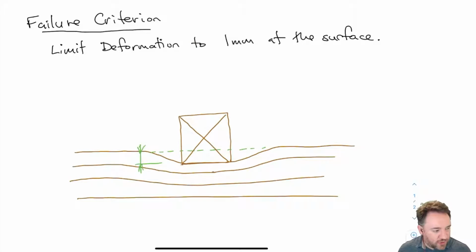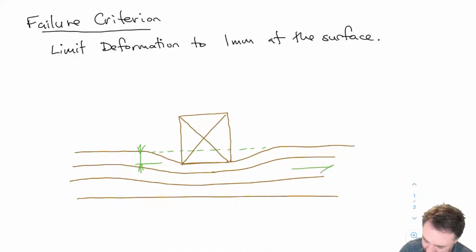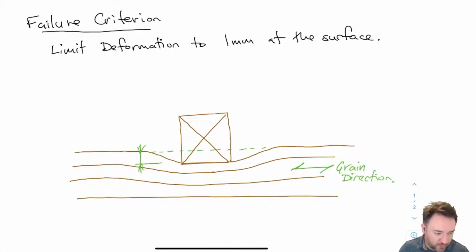Okay, so here we have one piece of wood sitting on top of another piece of wood, and the piece of wood at the top is coming in and out of the plane. That's why I've drawn the X. And it's bearing on another piece of wood, which has a grain direction that is like this. I'm just showing the top of this piece of wood here. When that piece of wood goes down, it smushes the surface fibers down, right?